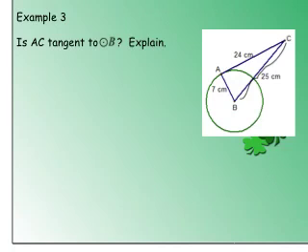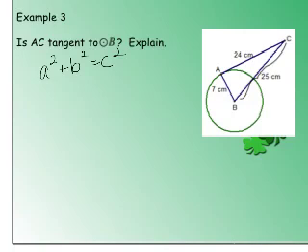In this next example, we want to figure out if AC is tangent to circle B, and we're going to explain. Well, the converse of the tangent property says that if our three side lengths fit into a squared plus b squared equals c squared, so if we can verify that angle A is a right angle, then AC must be tangent. So let's see, is it a true statement? a squared plus b squared equals c squared.